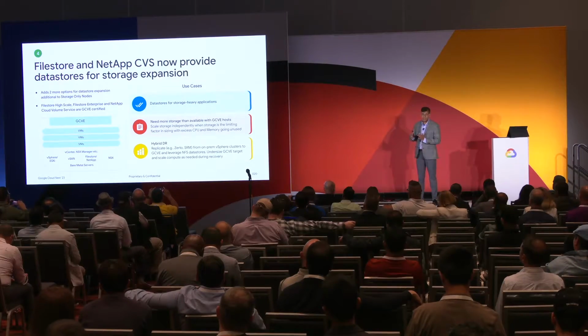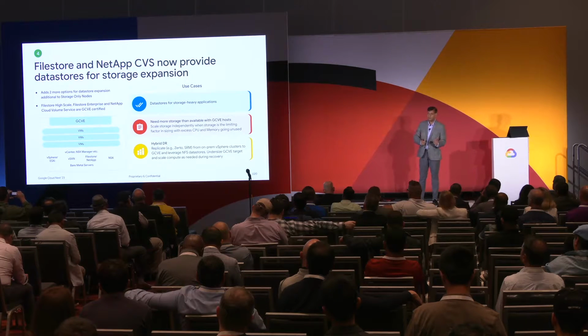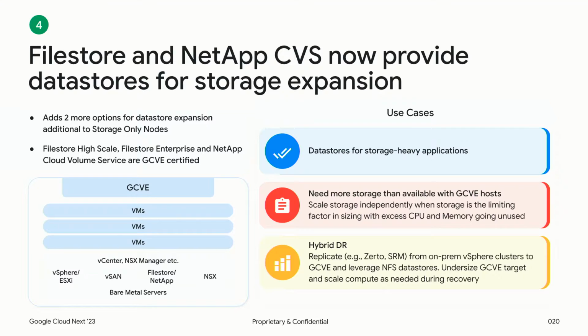So the first thing in that space is the external storage with Filestore and NetApp. Both are equally supported options that we are offering in our platform, and that allows you to address the needs of storage expansion and storage growth and data protection that I talked about.